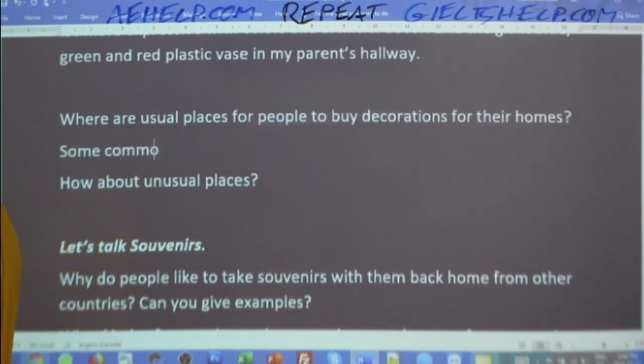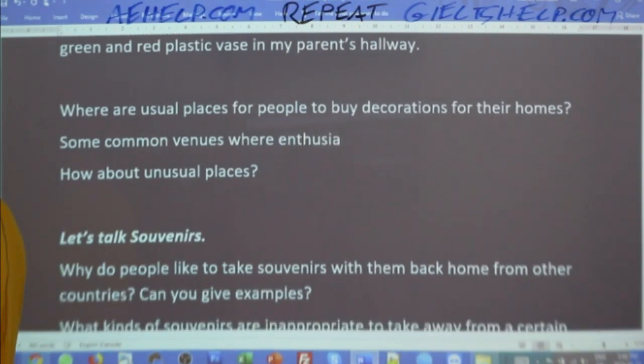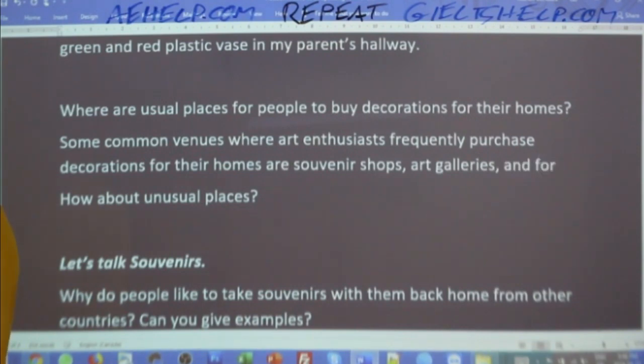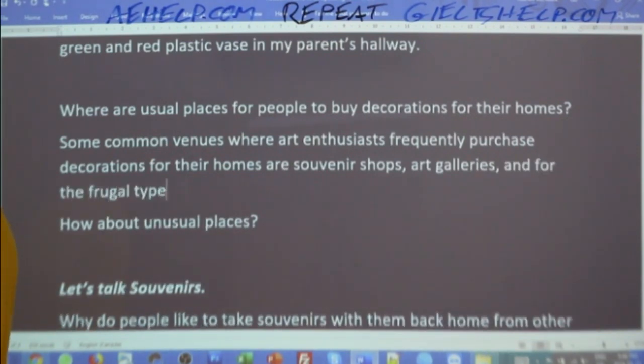So some common venues where enthusiasts often, or let's say frequently, purchase decorations for their homes are souvenir shops, art galleries, and for the frugal types, garage sales.